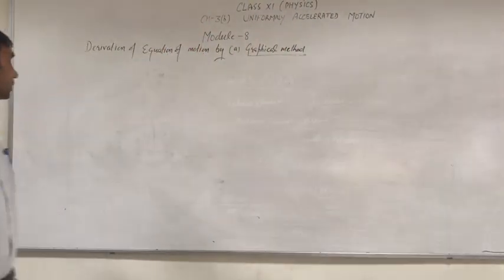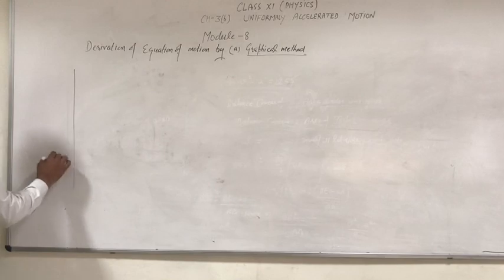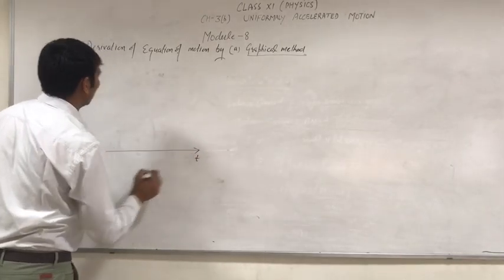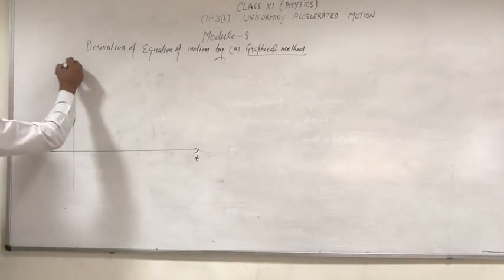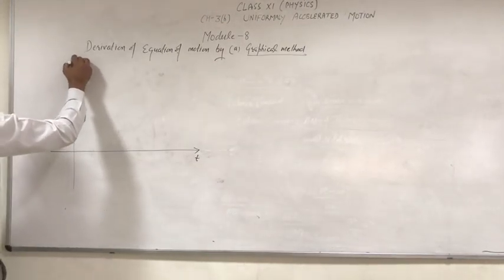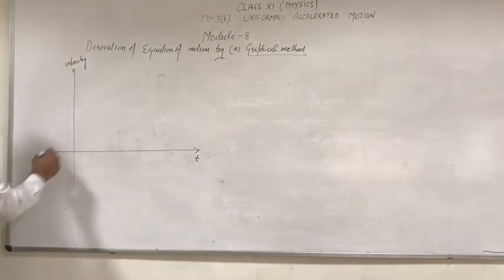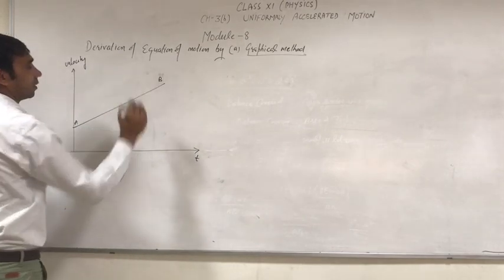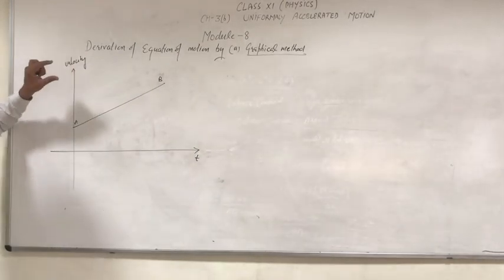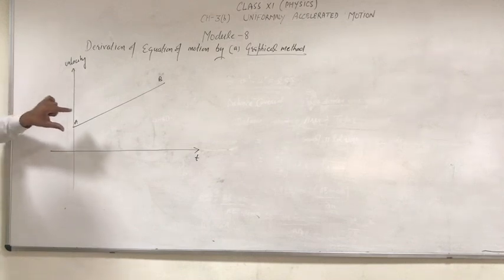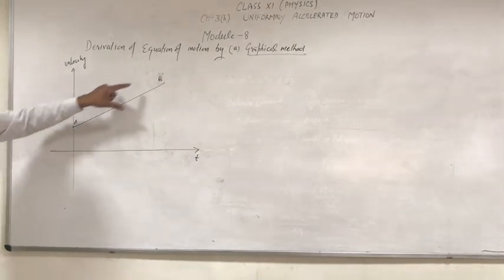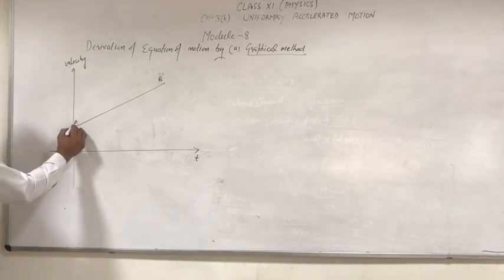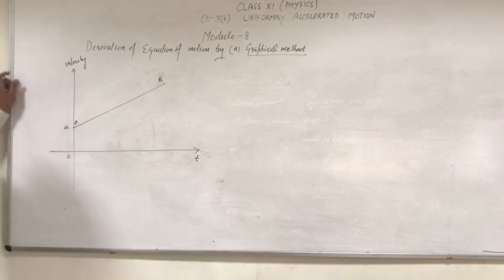Let us consider an object A moving uniformly with acceleration a, going from A to B. At time t equals 0, the velocity of the object is u, the initial velocity.